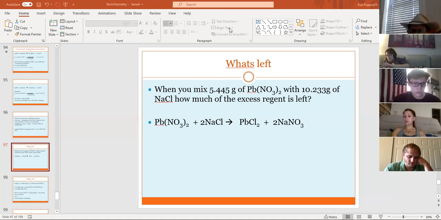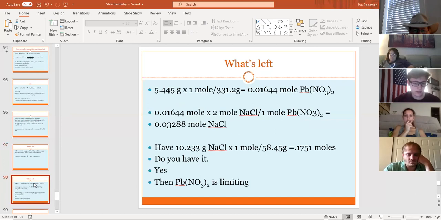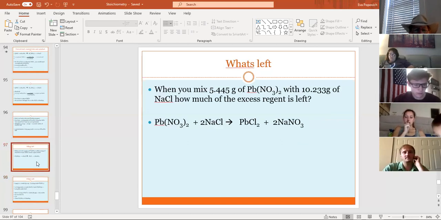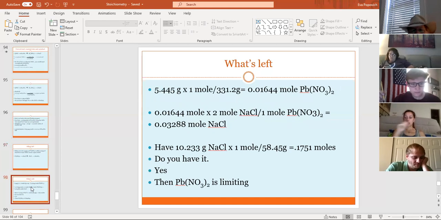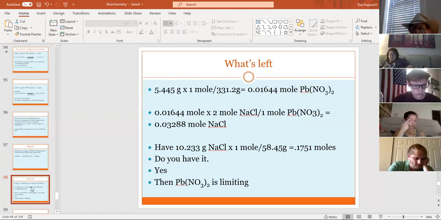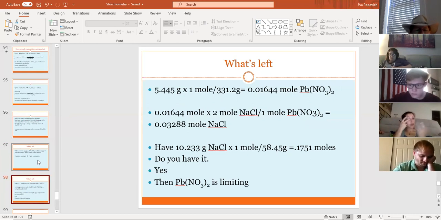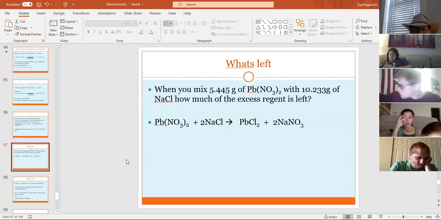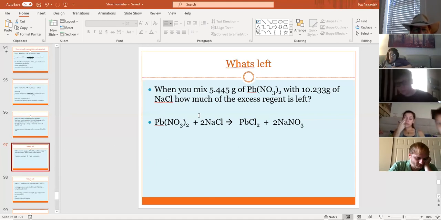Spencer, which one of these do you think is going to be the limiting reagent? The lead NO3. Okay. All right. If I've got 5.44 grams of the lead NO3, this gives me 0.01644 moles. The molar ratio is 2 to 1, right, Spencer?